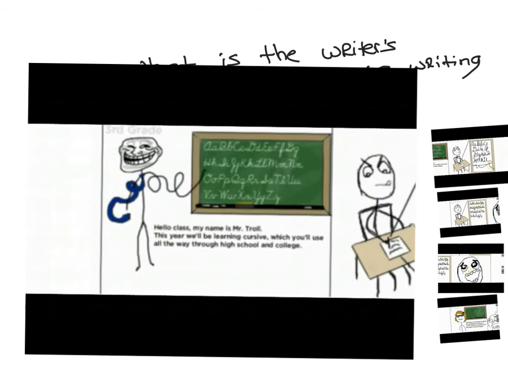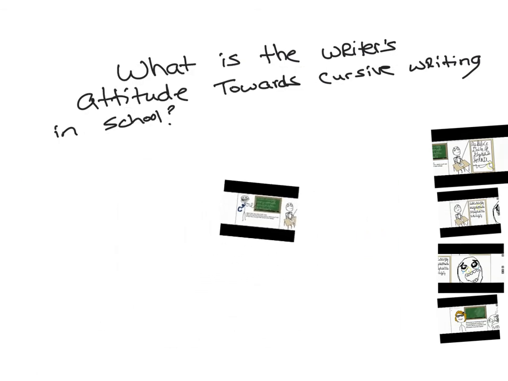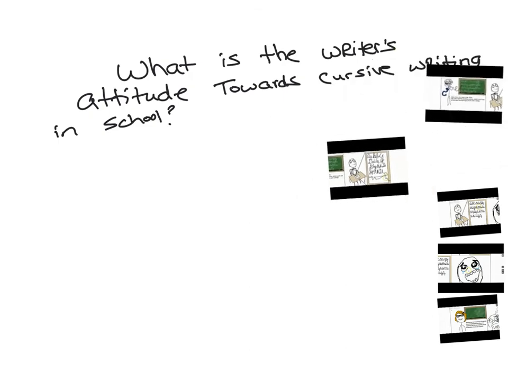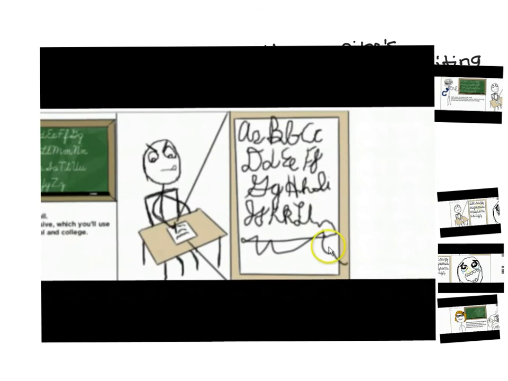Okay, so there's our teacher, and then there's the nice, neat writing. This is in the 3rd grade. And just looking at this, you can go, okay, well, his name is Mr. Troll. The teacher looks not really very professional there, but that's what's in your mind. And then the next picture shows our student diligently working, trying to create his letters.